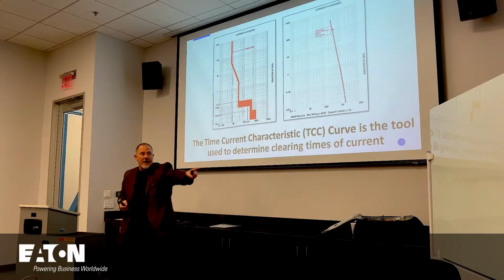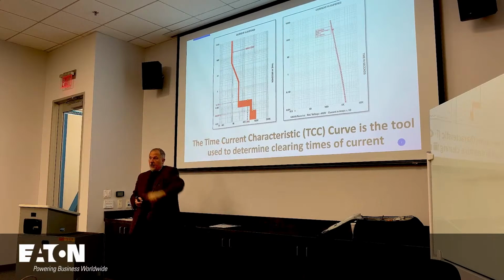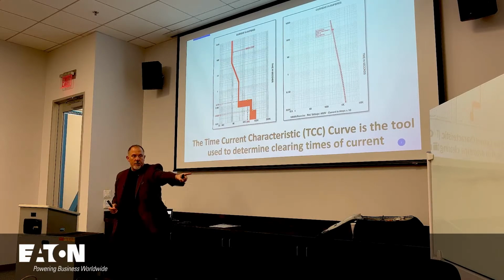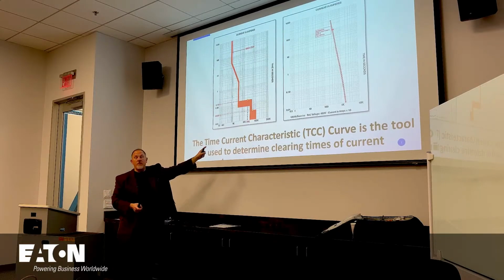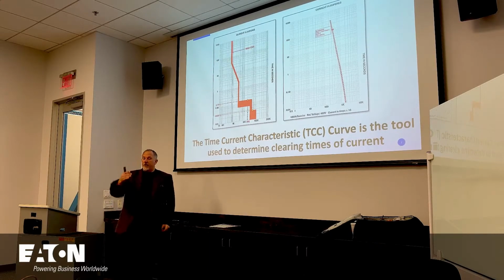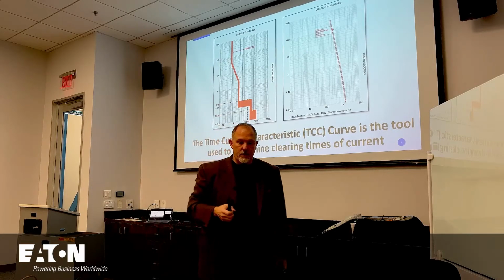And then the clearing time, which is determined by the overcurrent protective device's time-current characteristic curve, is going to tell you how much time it's going to take for that arcing current to clear. So your incident energy in this piece of equipment is going to be based on an upstream overcurrent protective device, which is going to be determined by how much time it takes for you to clear the arcing fault, which is the first challenge of the PPE category method.